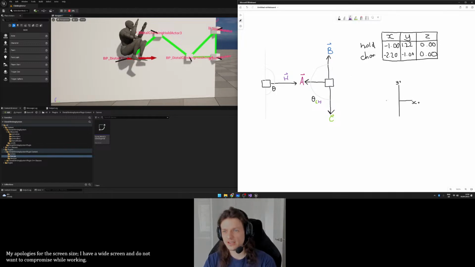It's saying that x is that, behind the wall. Its y is that, which is over here somewhere, and its z is irrelevant in this case.